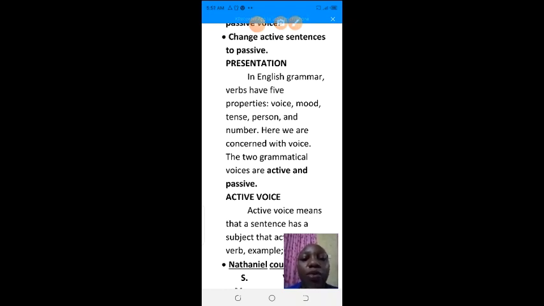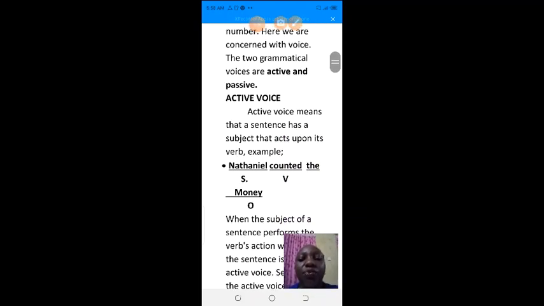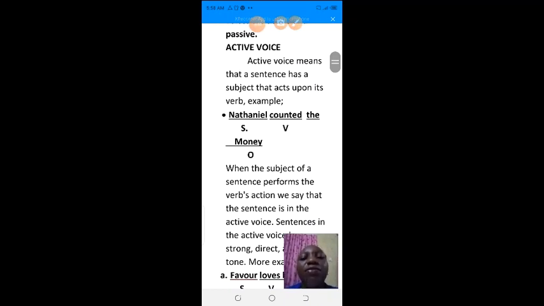How we are saying what we are saying is what we mean by the voice. So the active voice means that a sentence has a subject that acts upon its verb. Remember what the subject in a sentence is? A subject is the part of the sentence that carries out the action of the verb.